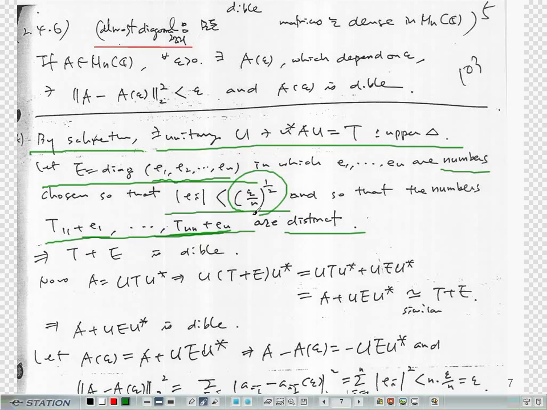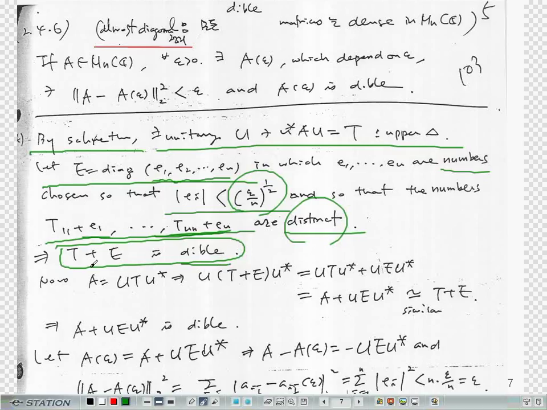Then this matrix T plus E is diagonalizable, because T plus E is an upper triangular matrix and all the diagonal entries are distinct.